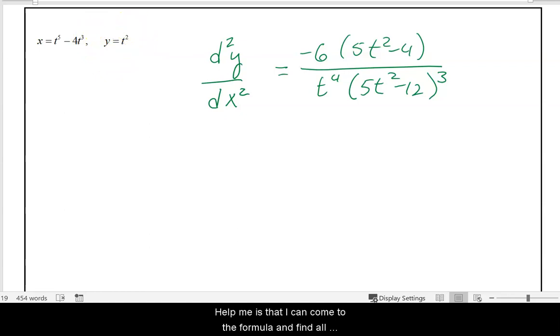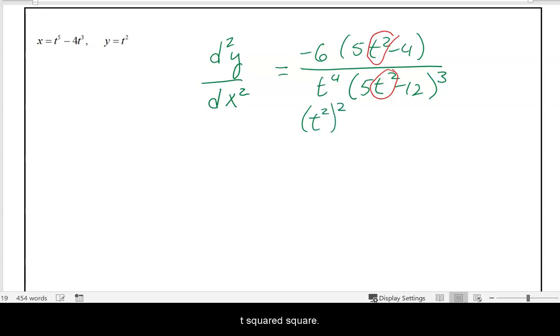That means that I can come to the formula and find all locations of t squared and replace them with y. To rewrite the t to the fourth, I can think of t to the fourth as t squared squared. That will allow me to replace the t squared also with y.